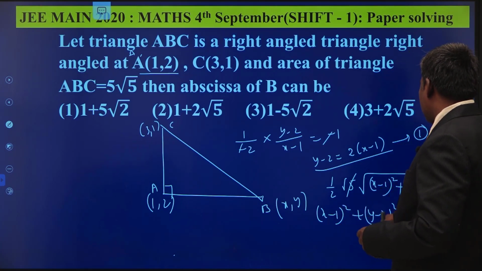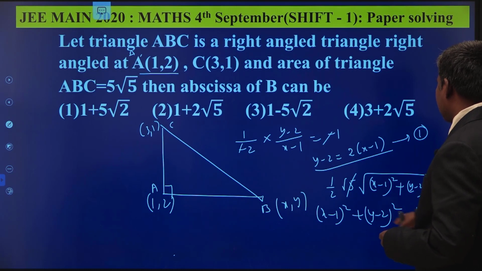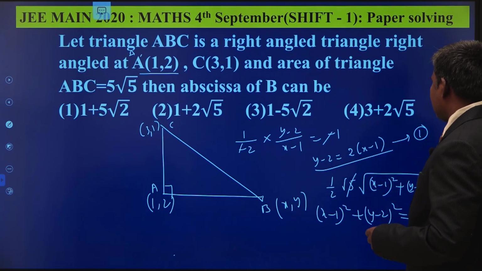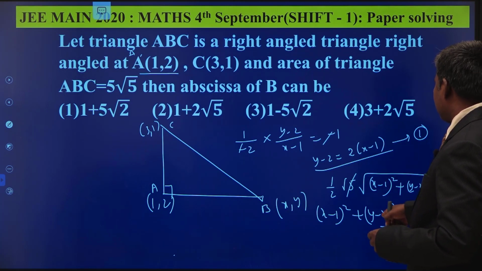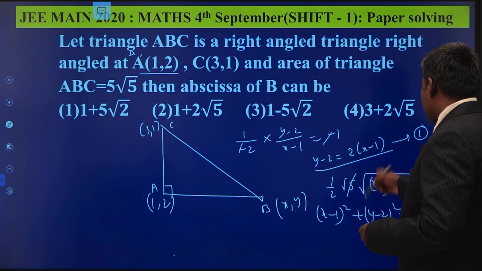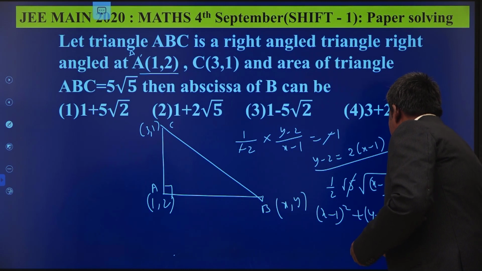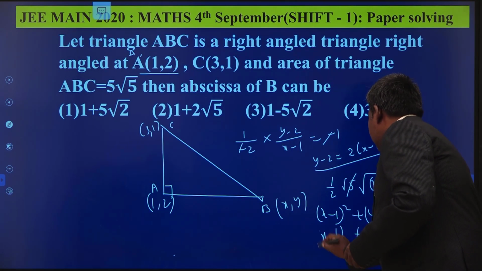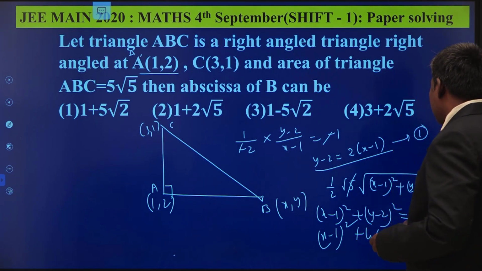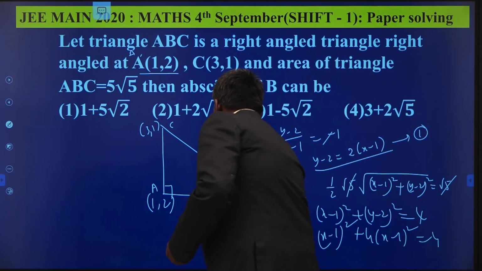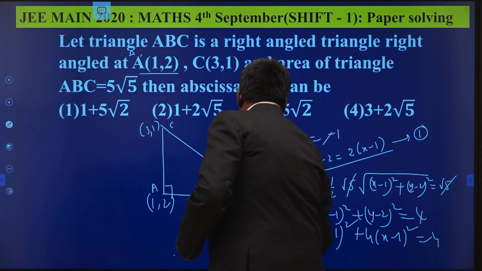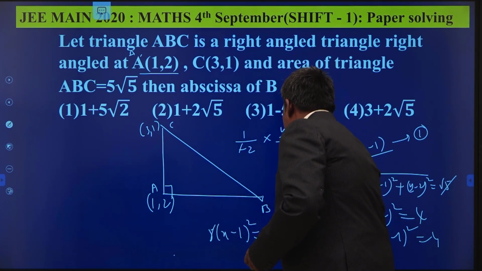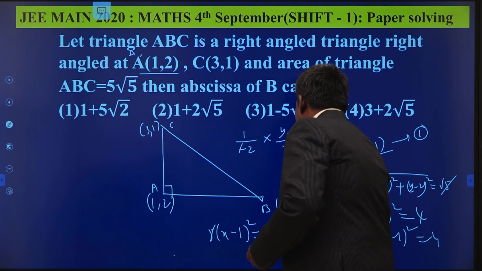So X minus 1 whole square plus Y minus 2 whole square is 4, by squaring. Y minus 2 is equal to 2 times X minus 1, so Y minus 2 whole square means 4 times X minus 1 whole square, plus X minus 1 whole square is equal to 4. 5 times X minus 1 whole square is 4 now, so X minus 1 whole square is 4 by 5.